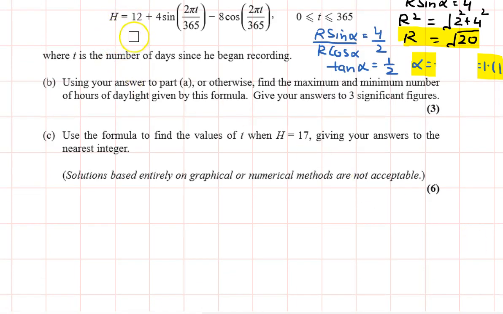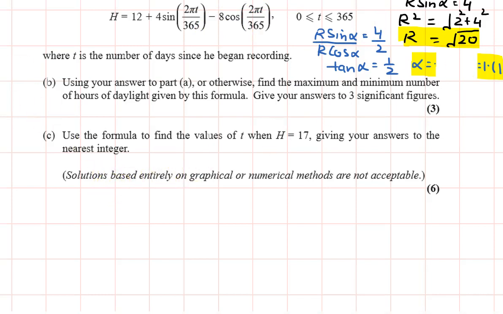Now, given that in a town of Norway, a student records the number of hours of daylight every day for a year. He models the number of hours of daylight h by the continuous function given by the formula h is equal to 12 plus 4 sine 2 pi t over 365 minus 8 cos 2 pi t over 365.